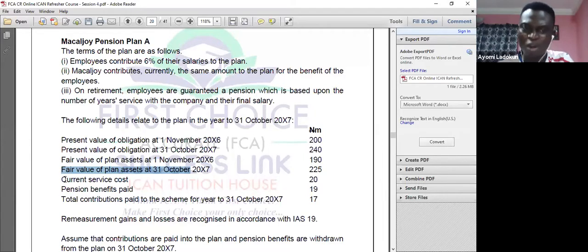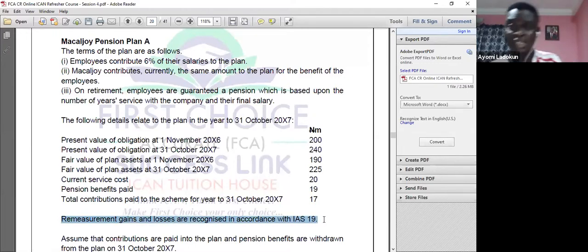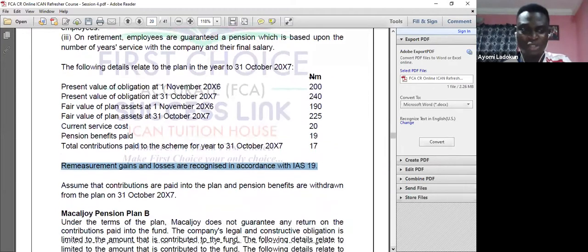It now says current service cost. Can you see that? Pension benefit paid, then total contribution paid. Did you see? That's it. Is it different? You are now told the measurement gains and losses are recognized in accordance with IAS 19. And if I should ask you, how do you account for the measurement gain? You take it to other comprehensive income. Is that okay? So that's it. I'm just trying to break it down for you.